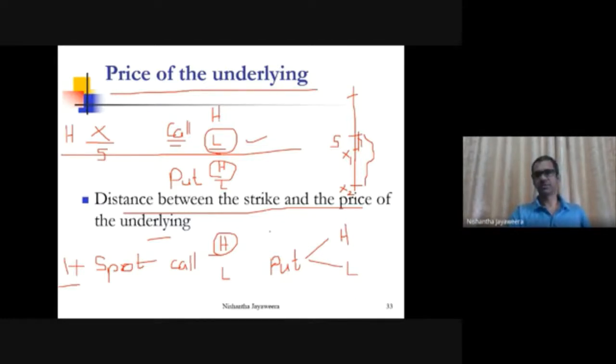Higher the spot, that means the spot price is much higher than the strike price, so out of the money, so therefore the premium is low. So that's the relationship between price of the underlying, strike, and the premium. So the relative difference between spot and strike matters for the premium.